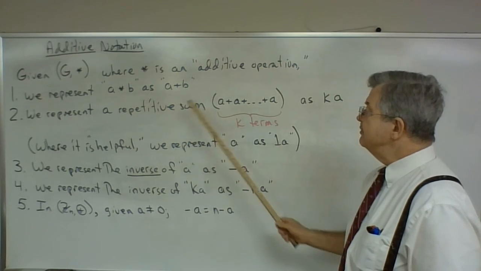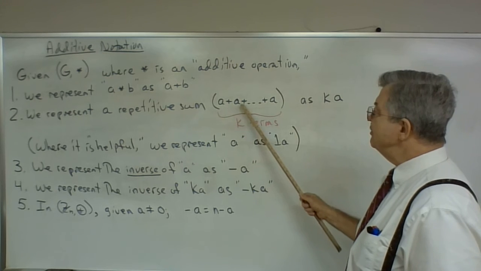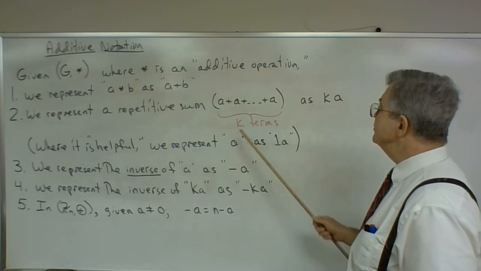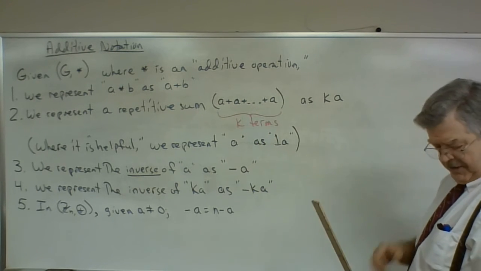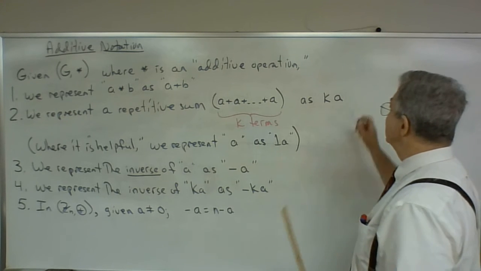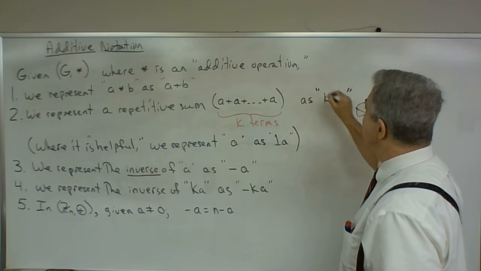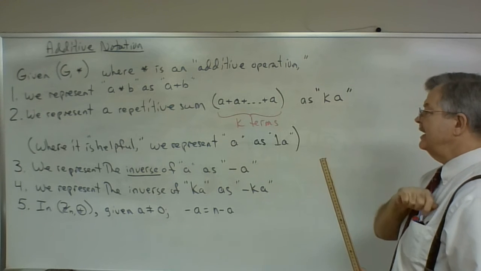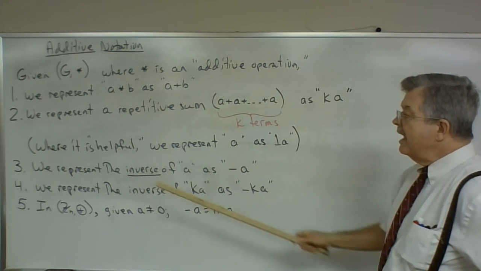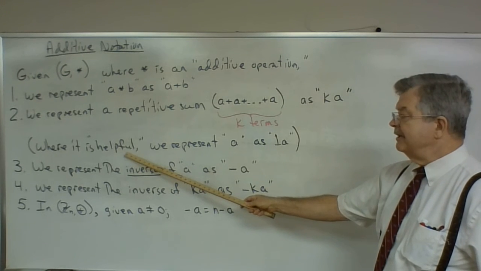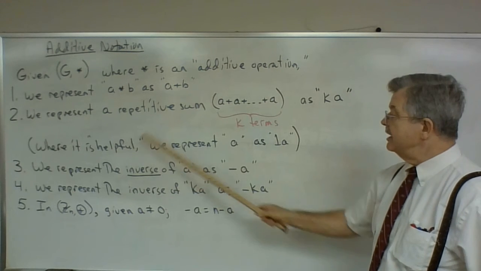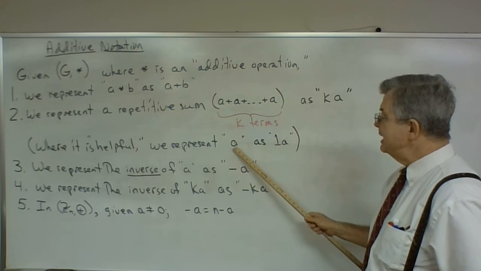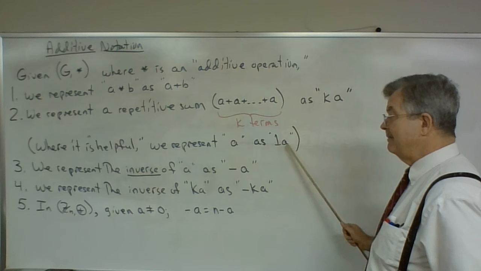And a repetitive sum, let's say that we add A to itself K times, we represent that as K times A. And where it's helpful, and in some situations it might be, we represent the element A as 1A.